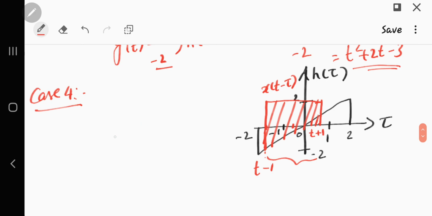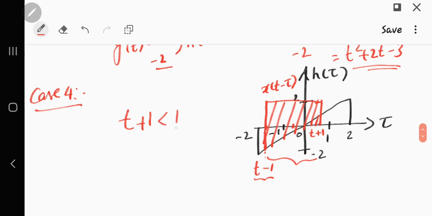Now how do you define this case? You can define this in two different ways. Either you can define it in this term, that is t minus 1 is less than minus 1 and greater than minus 2, or you can define this with this end, like t plus 1 less than 1 and greater than 0. Both yield the same limit.